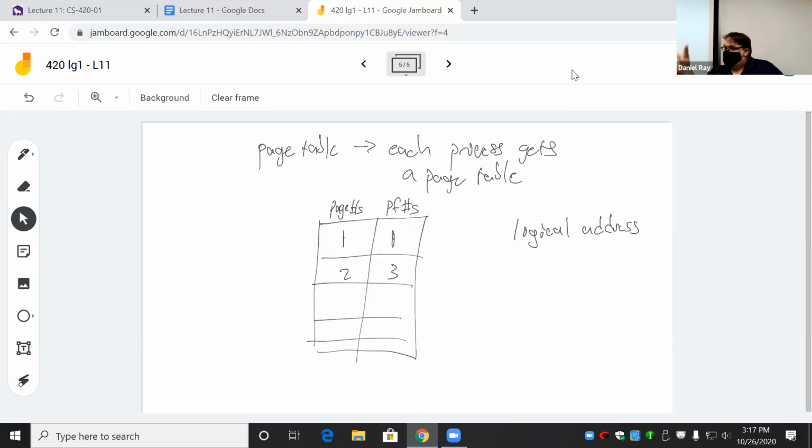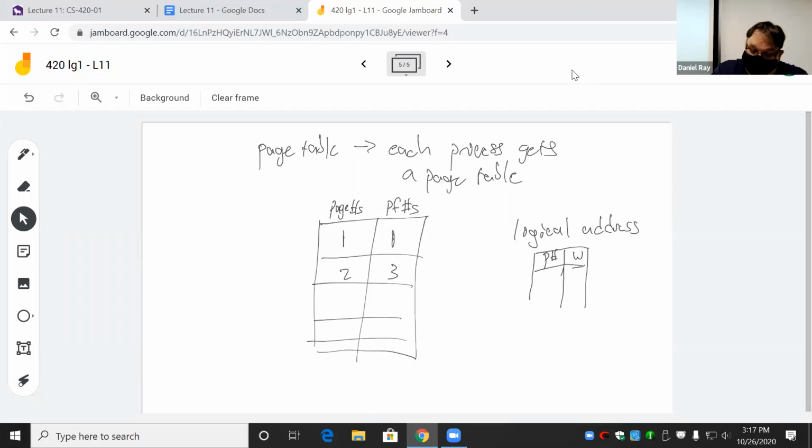There are some number of bits per address. That's a word. I think of it as the smallest chunk of memory that we're going to be dealing with. A logical address is made up of a page number and an offset, which I'll call W. We're going to use the book's notation here in just a second. Okay.